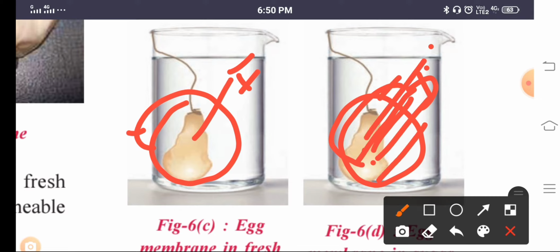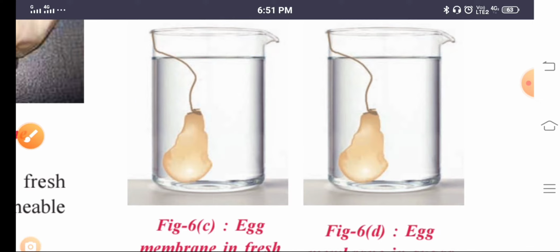In this way we can conclude osmosis. The definition of osmosis is the movement of water molecules from low concentration to high concentration between two media, this media and this media. You have to keep this in your mind.